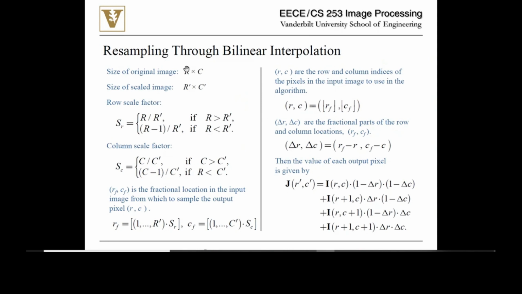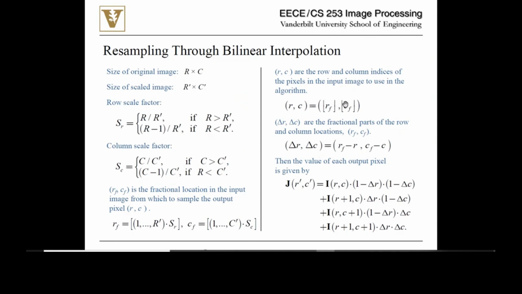So if you want to go from a size to another size, then you define your scaling factors, and then you define a way to go from coordinates of the output to coordinates of the input, and then you take the left top corner.